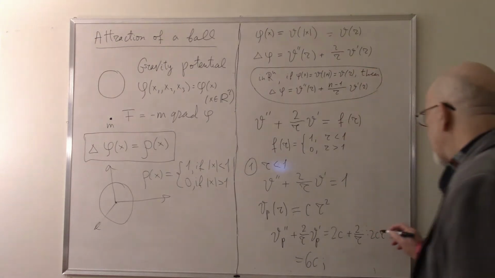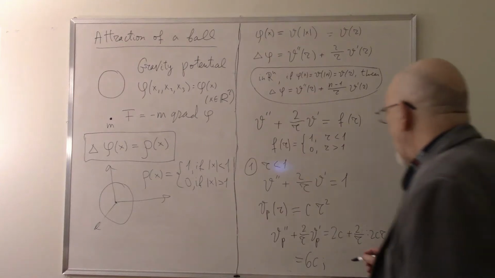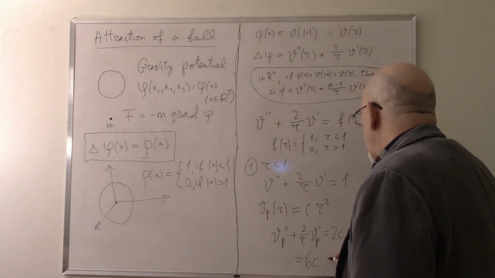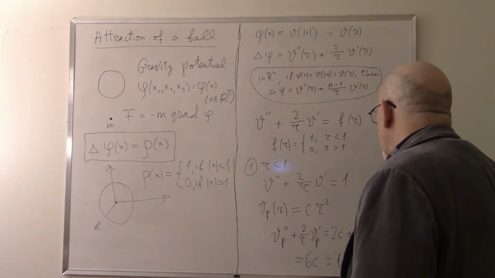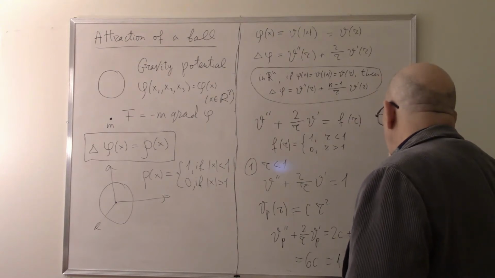This r cancels this r, and this should be equal to 1. So c equals 1/6.